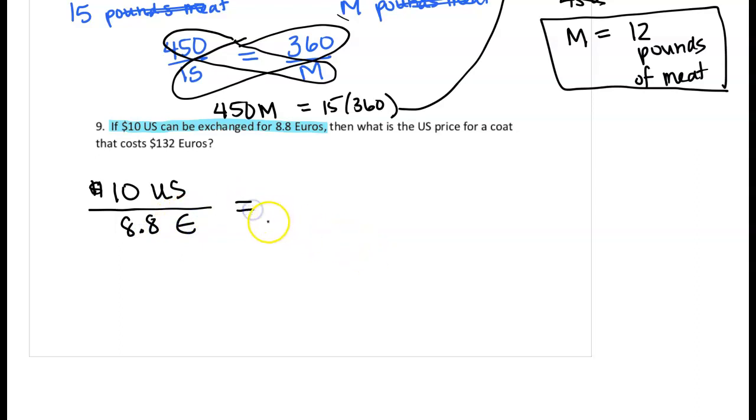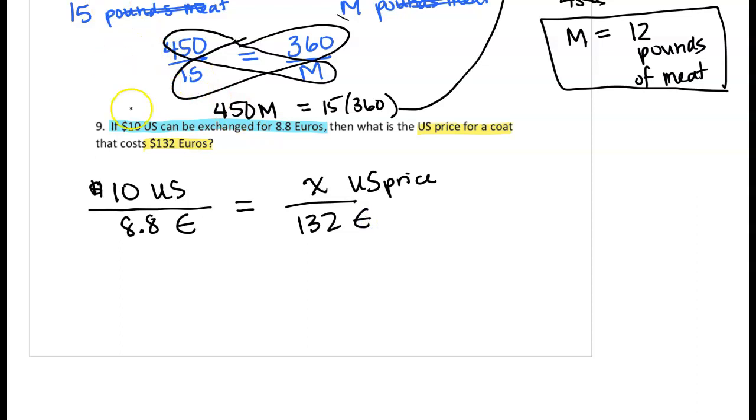On the other side of my equal sign, I want to keep that same ratio, but now we're saying we want to know the US price for 132 euros. So the US price is what we don't know. Let me use an x for the US price. And in the denominator, we know it's 132 euros.